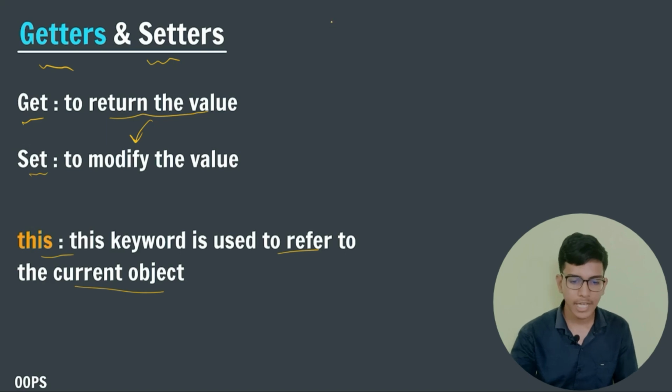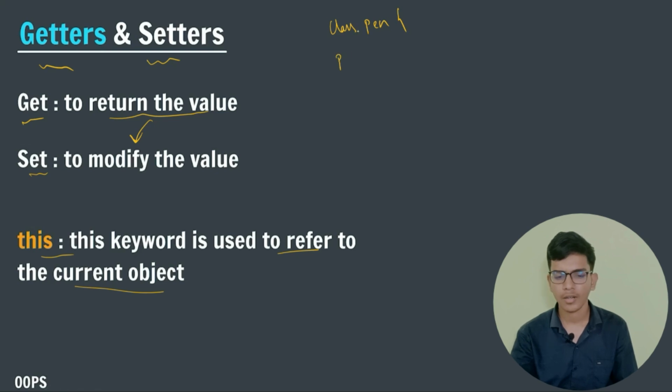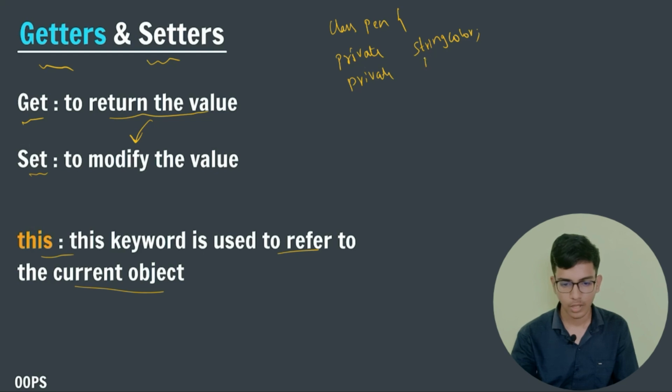Let us consider that I am creating a class, the Pen class. Here I am writing the string color of my pen with a private access modifier: private string color. After it, private int tip. After it I'm setting the color.